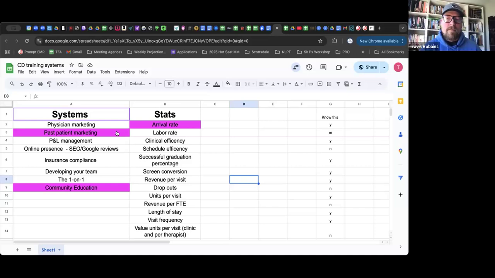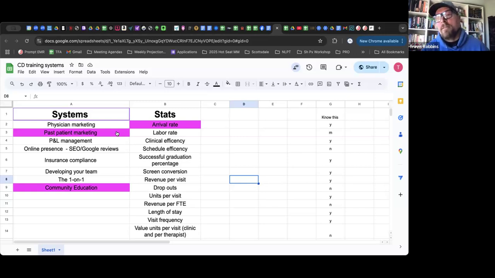If you have a really good clinician, they may not be the best physician marketer, but they have to be able to learn that, because there are going to be lulls in the schedule and they need to fill that by doing something. A lot of times they'll fill it by doing project work versus trying to go out and have a conversation with a doctor. Yes, that's holding them accountable to the numbers.